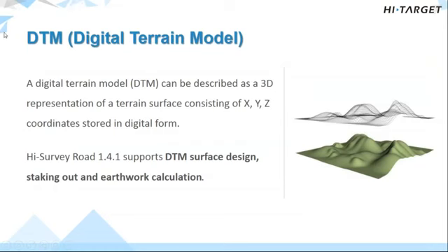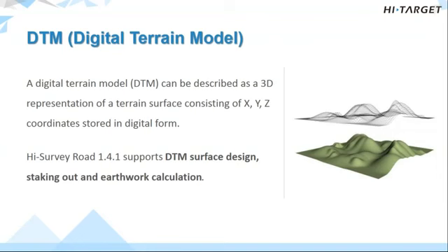what is a DTM. DTM is the abbreviation of digital terrain model. So it has the coordinates in plane and also has the height. And in the application, users usually input the points to get the DTM grid. You can collect the point and also you can just import the point.